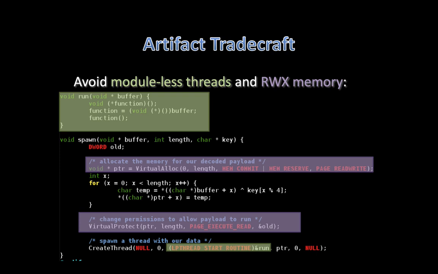For avoiding a modulus thread, in this case, I do have a need to create a thread. That's why I'm not just casting my allocated memory to a pointer and calling it, or to a function pointer and calling it. Instead, I create a thread, and I have it call a function inside of my executable called run, and that function takes its argument, which is the pointer to my beacon reflective DLL package, and casts that to a function pointer and calls it.